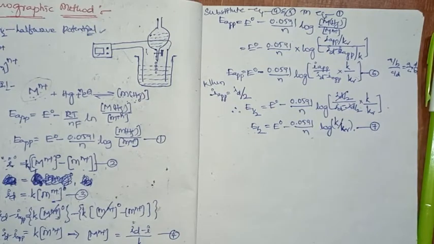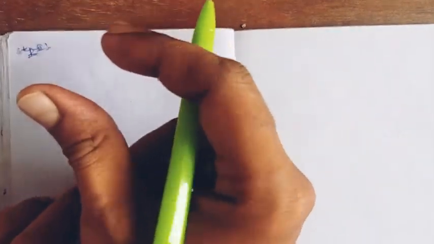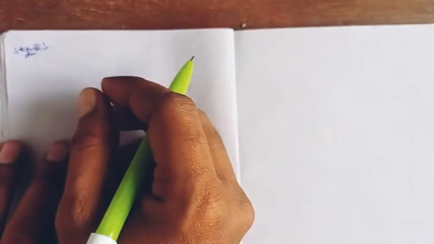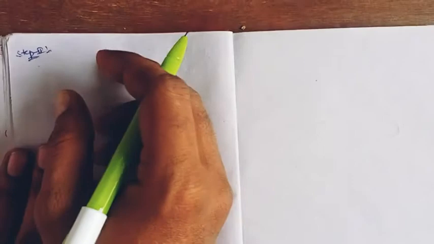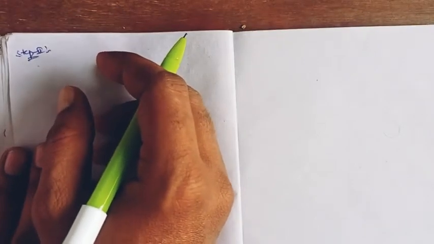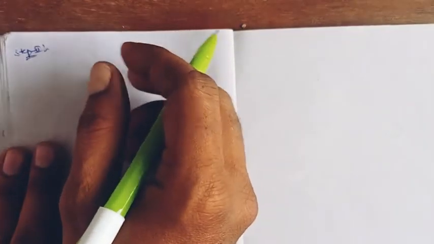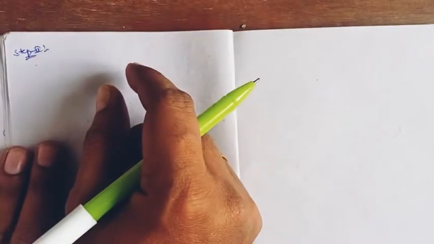Now let us consider step 2. In the second step, we take the metal-ligand mixture solution where the complexation happens, and the complexed metal ion gets reduced while we apply the current.